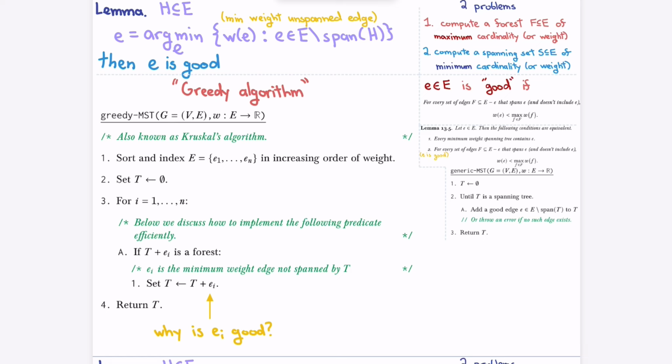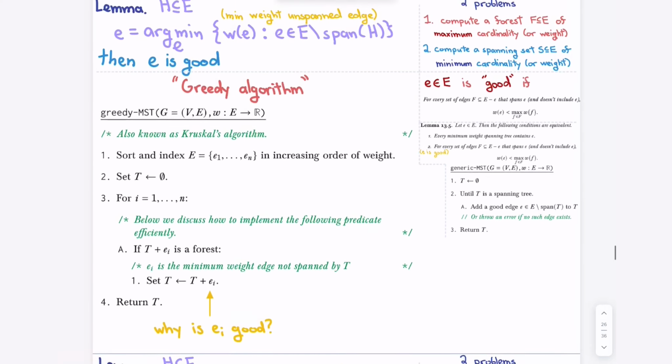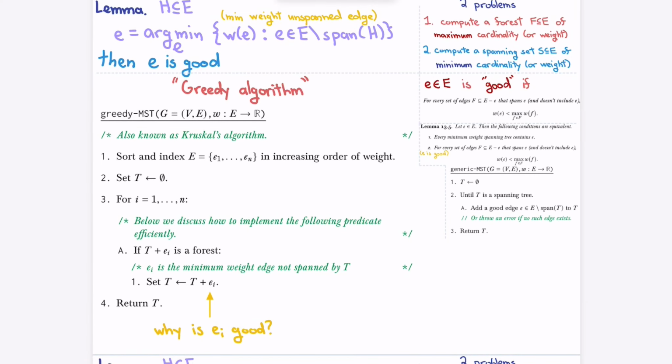Okay, so I'm using the solution so far to certify that I'm taking a good edge, and then I'm still on the path to correctness. Okay, so good. That's a natural algorithm.